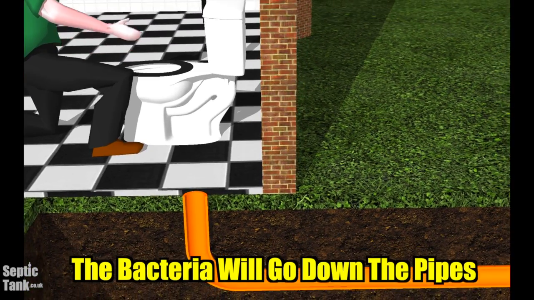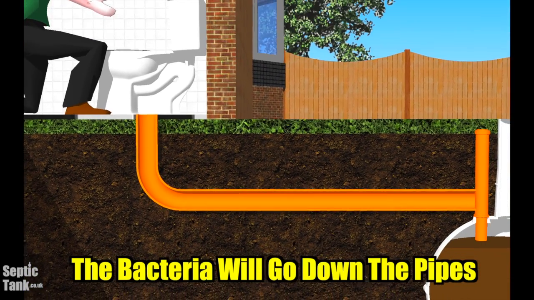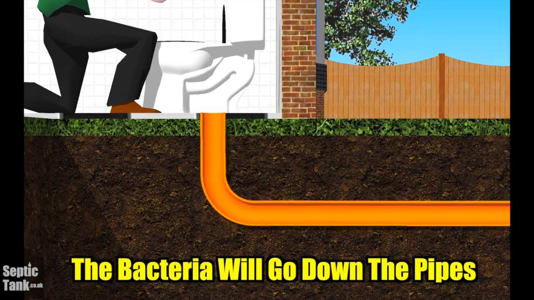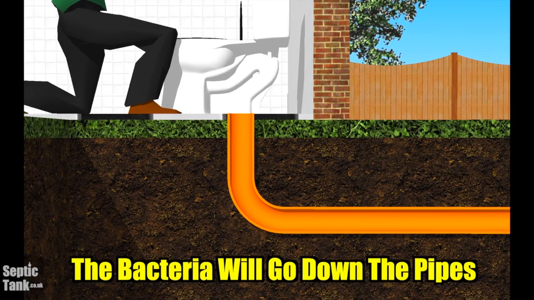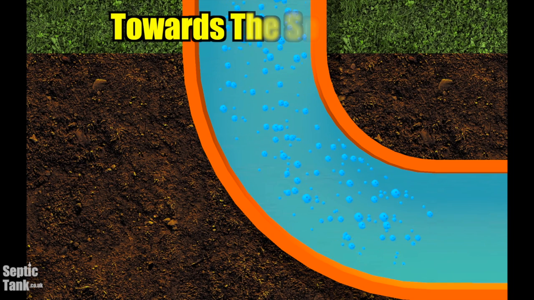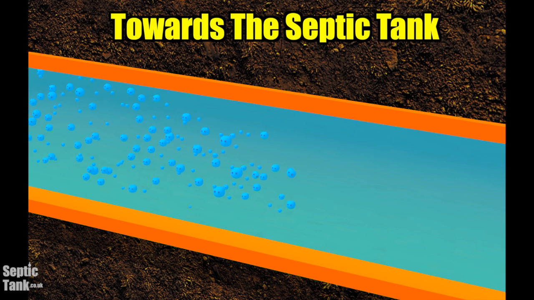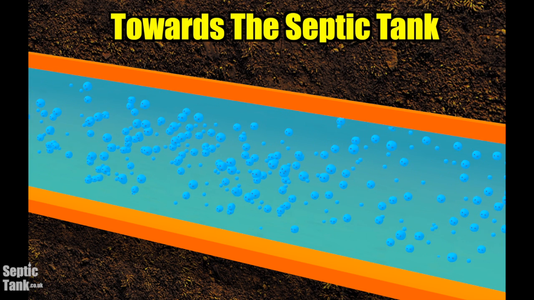From there, all the bacteria will then leave the toilet and make their way down the pipes to the septic tank. As the bacteria and enzymes make their way to the septic tank, they'll clean all the scum and the fat and the grease that line these pipes.